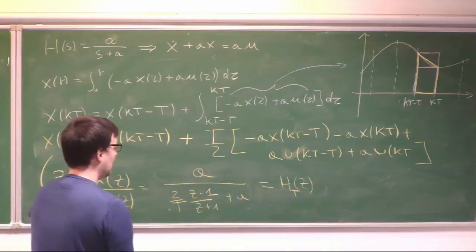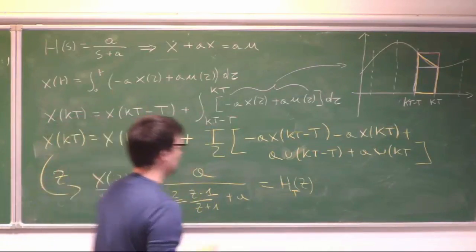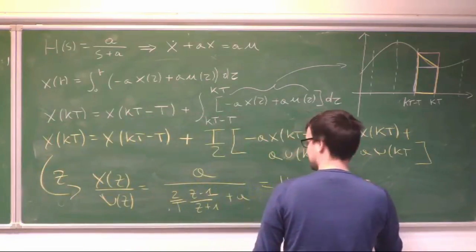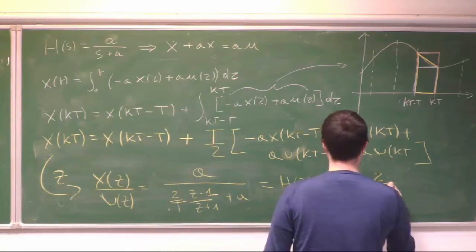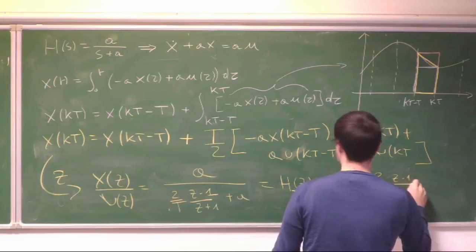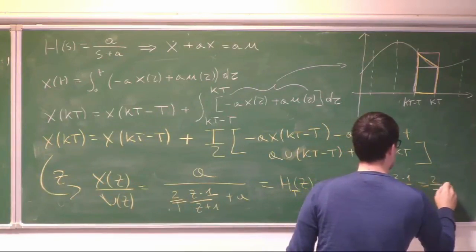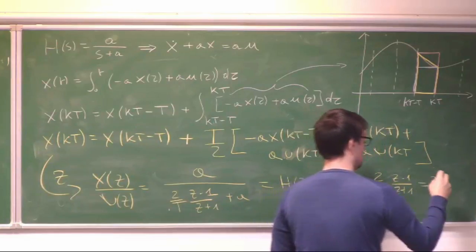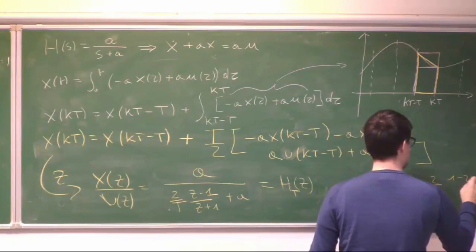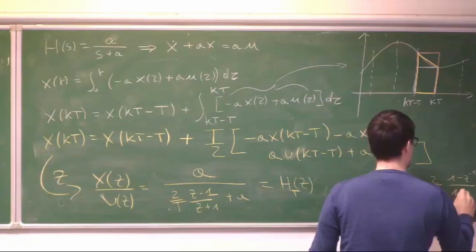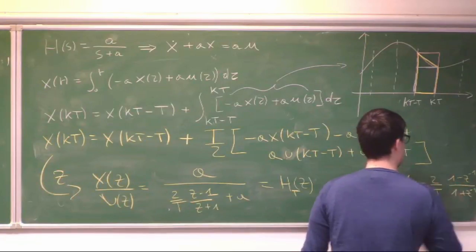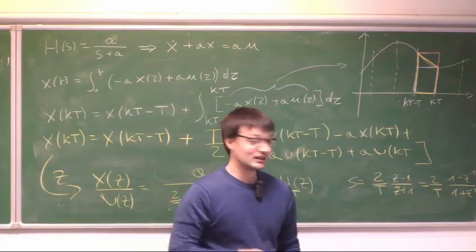Okay. And if we look at the mapping between s and z, we have that s is equal to 2 over T, (z minus 1) over (z plus 1), or if we want to write it with powers of z to the minus 1, then we have (1 minus z^-1) over (1 plus z^-1). Okay? So why is it called bilinear transformation?